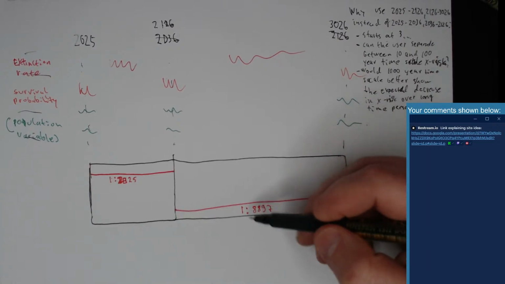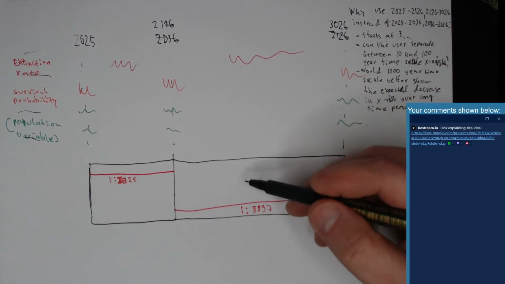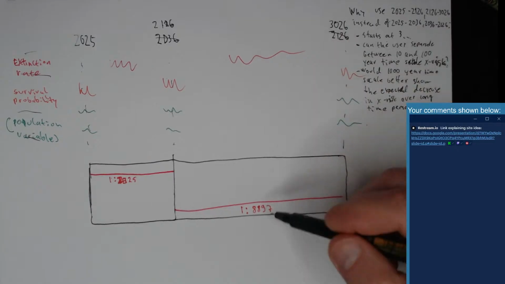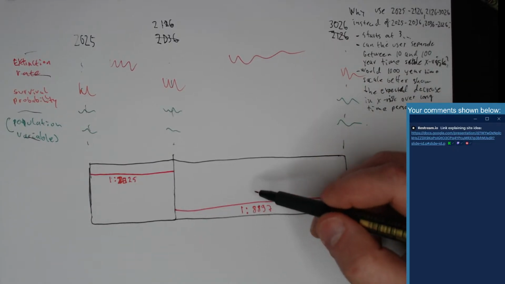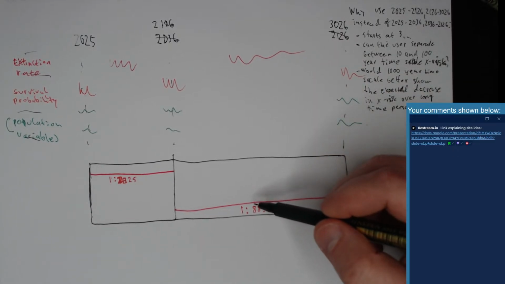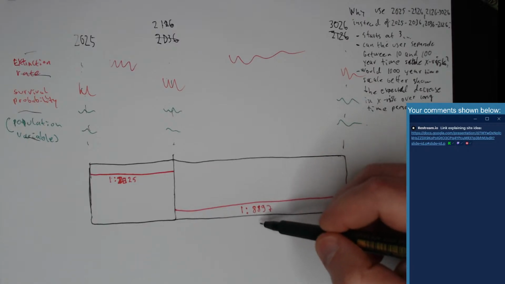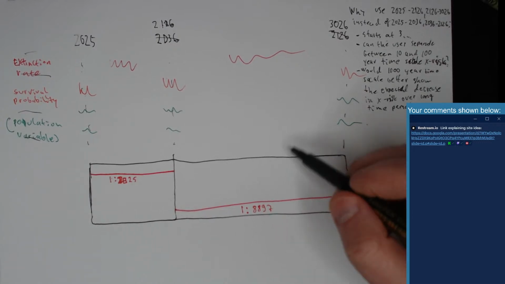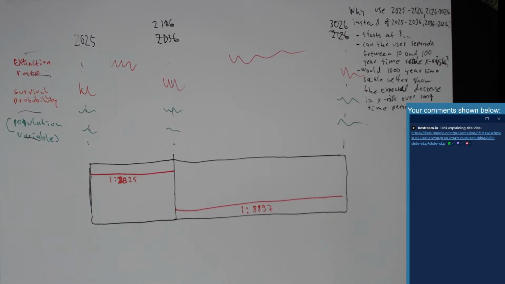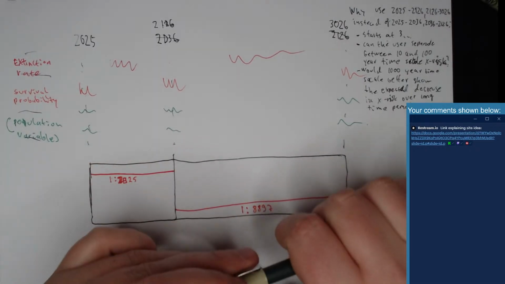When denoted as ratios, I think it's so much easier to understand. Okay, it's almost 1 in 10,000 that the extinction rate compared to this.